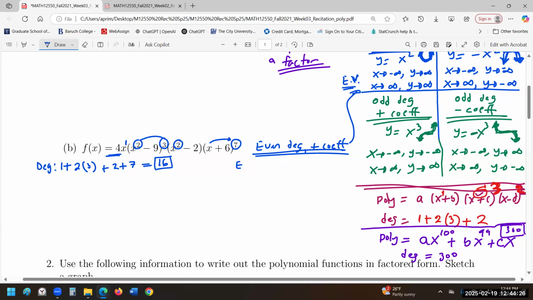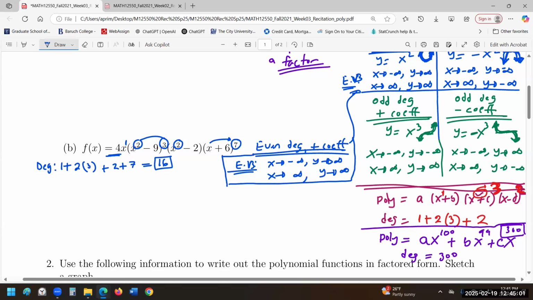End behavior: as x goes to negative infinity, y goes to positive infinity. Sorry, my bad, what I'm saying. It's a parabola, so it's going upward in both directions. As x goes to positive infinity, y goes to positive infinity. This is the end behavior.